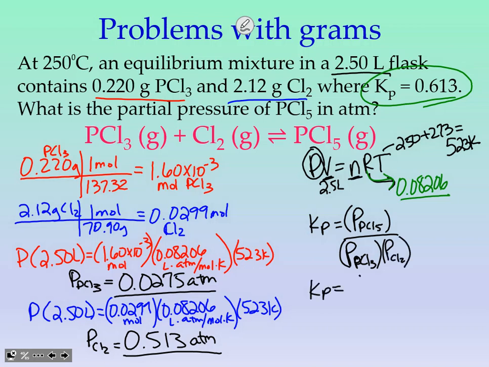Plug in. Oops. I'm supposed to plug in there. Oh, I just kind of erased some of that. Okay. So we have 0.613, missing this part, and we have our two values on the bottom.